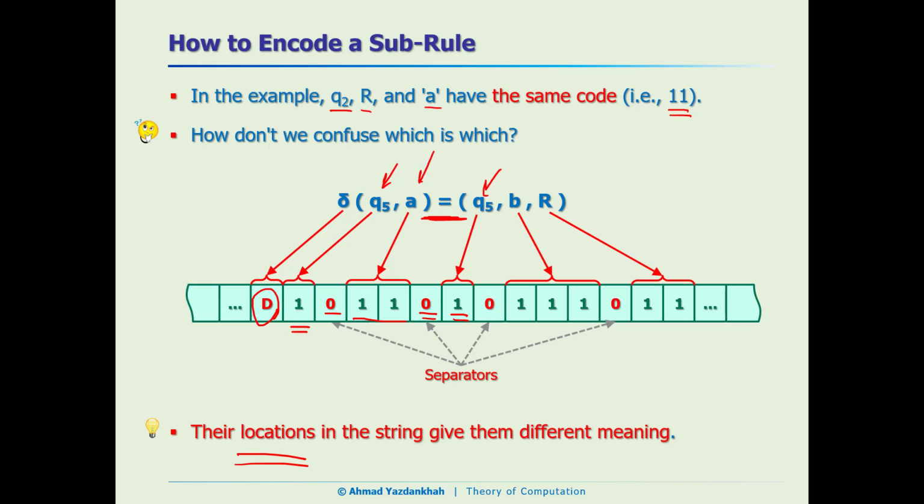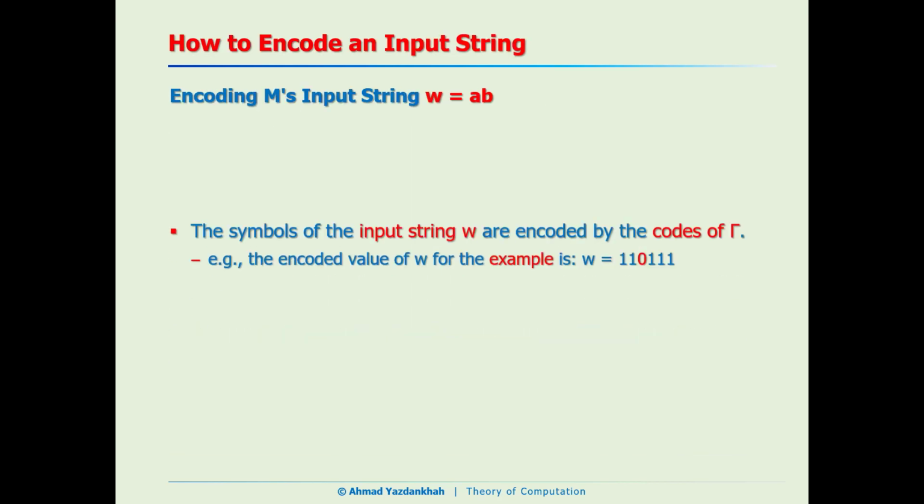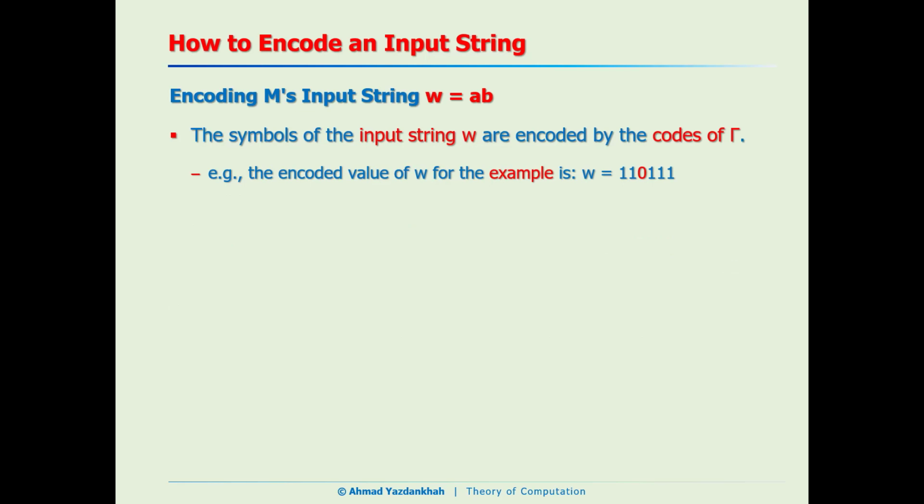Their location in the syntax. How can we encode the string? Since all of these alphabets have been encoded before, we use whatever we have in the gamma and encode the string. And we put the 0 as the separator. So this is actually the A and this is the B.